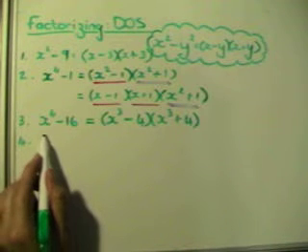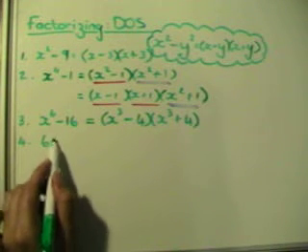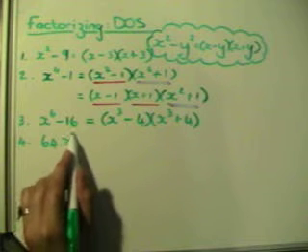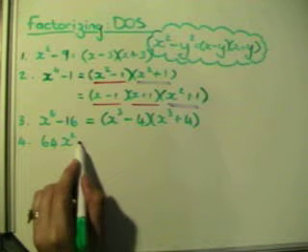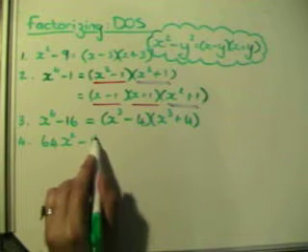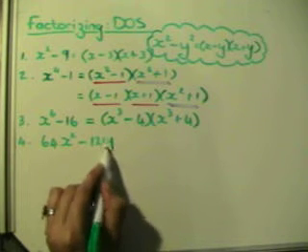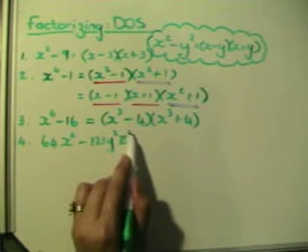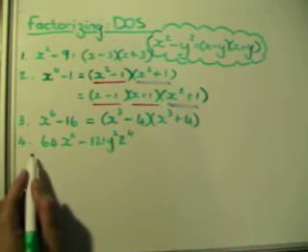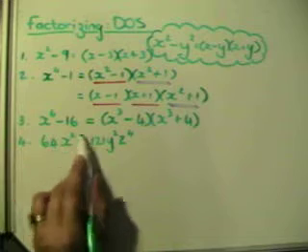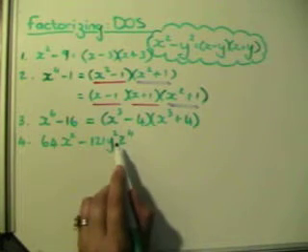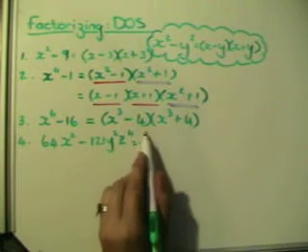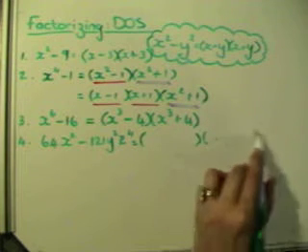Let's look at another example. Say for instance I have 64x squared minus, let's say 121 y squared z to the power of 4. So what I want to do with this is I want to get the square root of all of these things. So I'm just going to focus on that quickly for my first bracket.